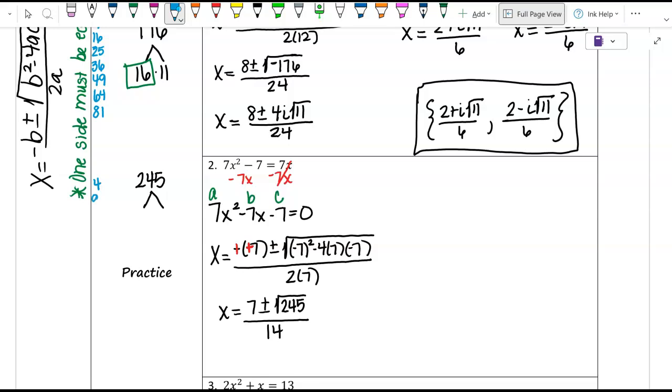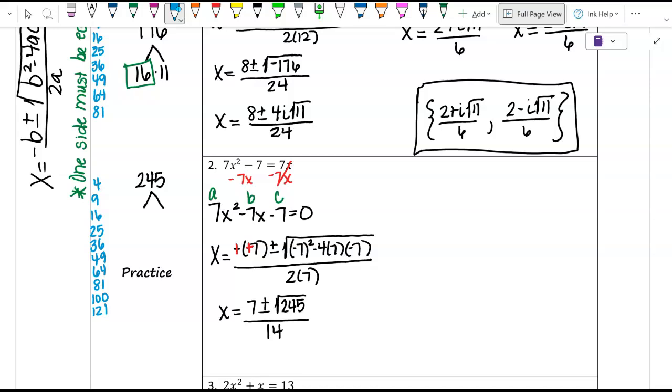So again, I'm looking at 4, 9, 16, 25, 36, 49, 64, 81, 100, 121. Are any of those numbers a factor of 245?